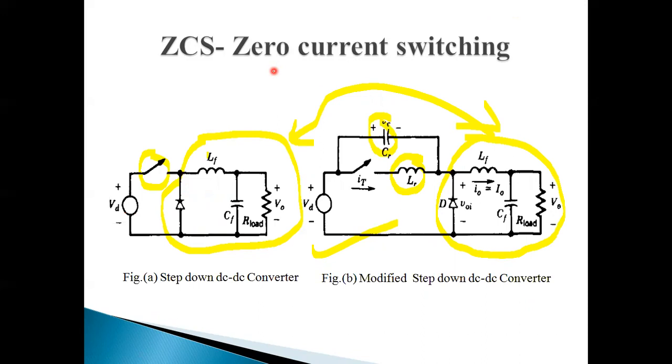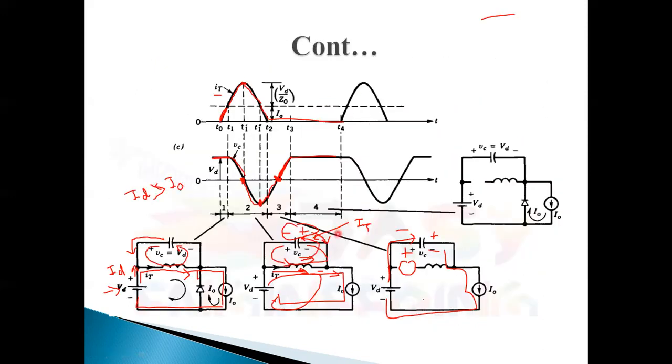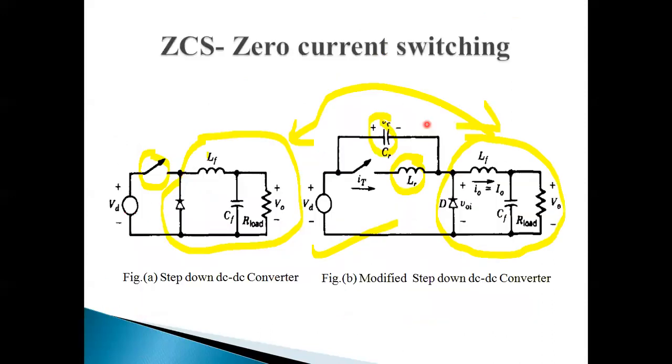So we can get zero current switching in this particular mode 3 and mode 4, in which the switch is off, and we also got zero current flowing, which is actually our aim. I hope you got my point.